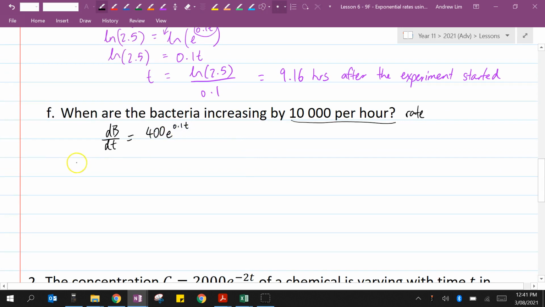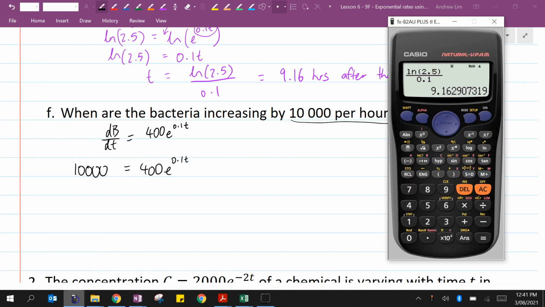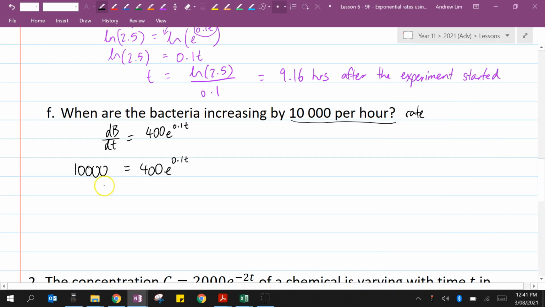Well, if the rate is 10,000 is equal to that, then we can do exactly the same thing as before. So I'm going to do 10,000 divided by 400 this time, which is 25. So 25 is equal to e to the power 0.1 t.